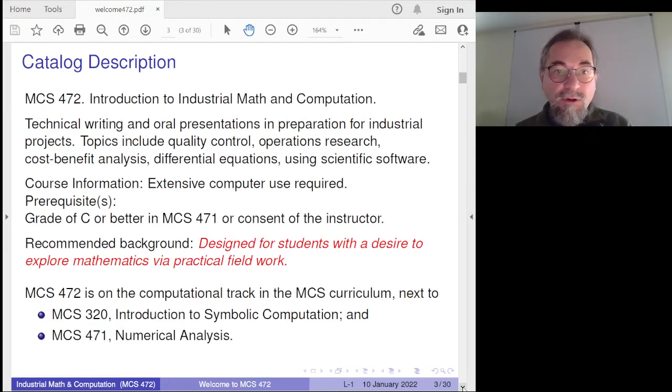So here is the catalog description. First line, technical writing and oral presentation. We will solve problems and work on projects, but most importantly, you get rewarded and compensated for what you can present.